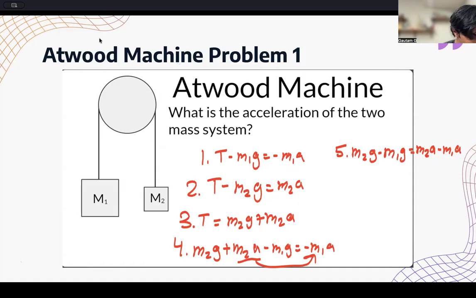This makes sense, right? Valid, valid. Did I do something wrong here? Ugh, there's no way I did something wrong.